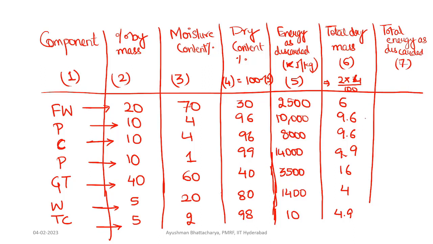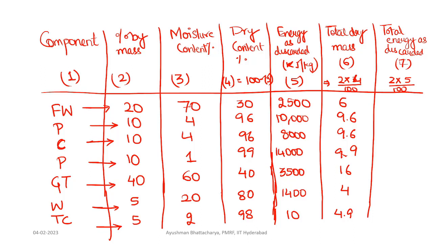Now, knowing the total dry mass, we have to calculate the total energy as discarded. Here they have given kilojoule per kg. However, in food waste it is just 20%. So if the per kg value is this, then 20% of it will be how much? We calculate column 2 multiplied by column 5 divided by 100.